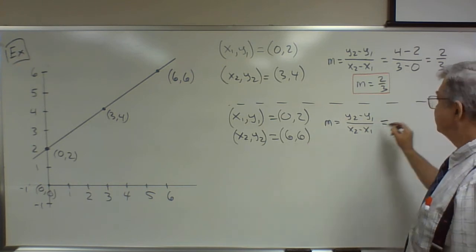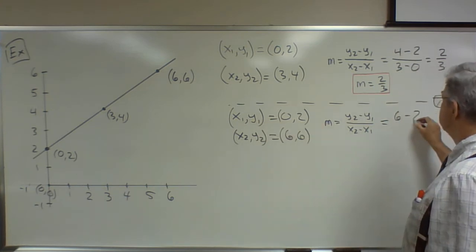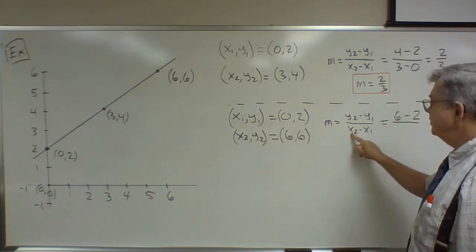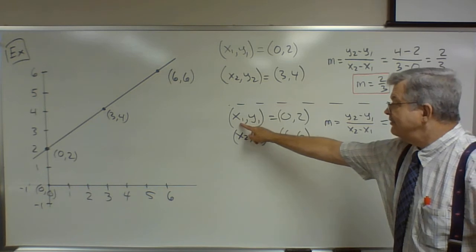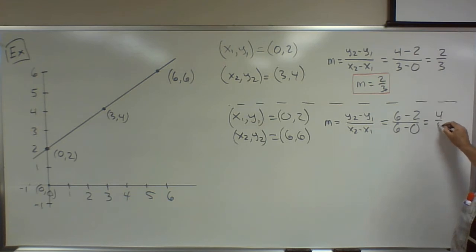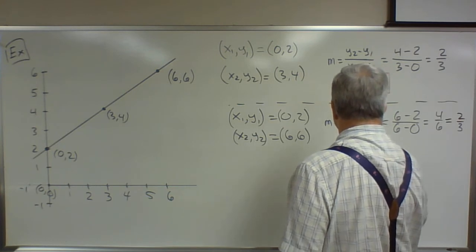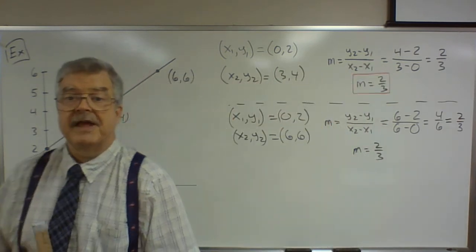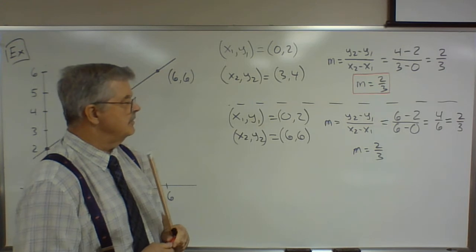Y2 is 6. Y1 is 2. X2 is 6. X1 is 0. And we get 4/6, but if we reduce this fraction, we get 2/3. Same slope that we got using this pair of points.